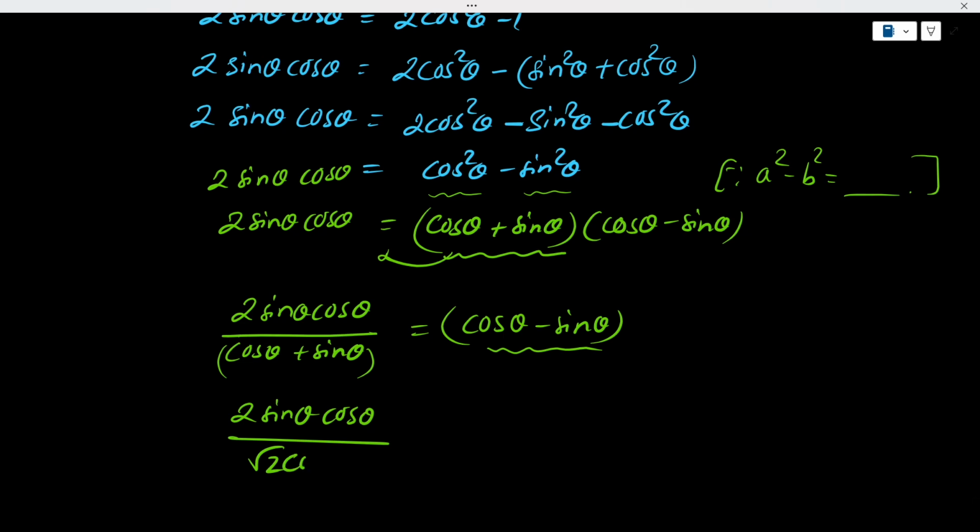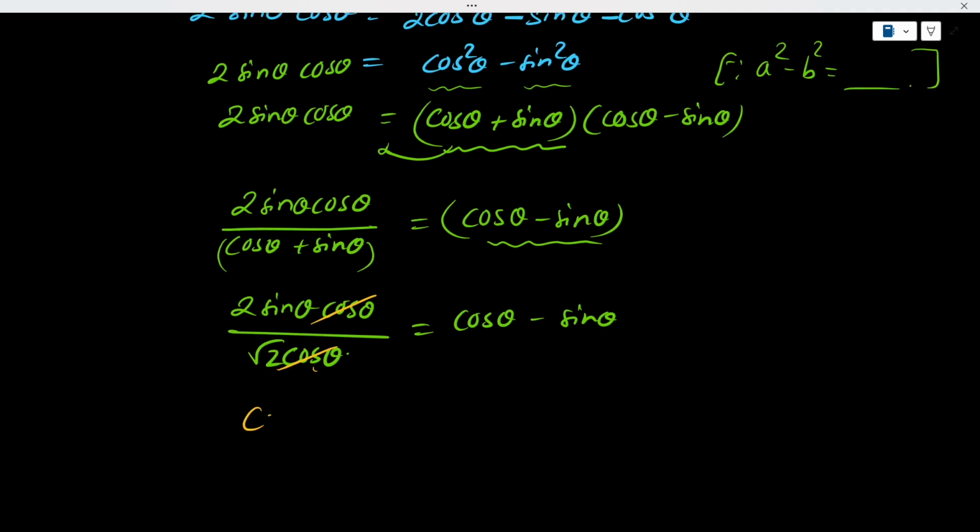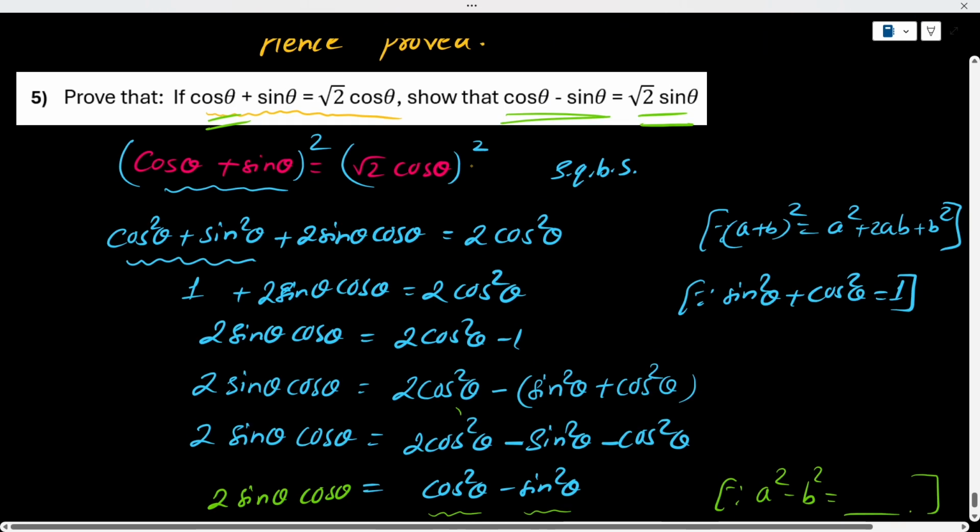So I can take here root 2 cos theta, which equals cos theta minus sin theta. Now if you see here, the common value will get cancelled, cos theta with cos theta, and 2 by root 2 is root 2, right? So cos theta minus sin theta will equal root 2 sin theta, and that was the value we had to prove, right?